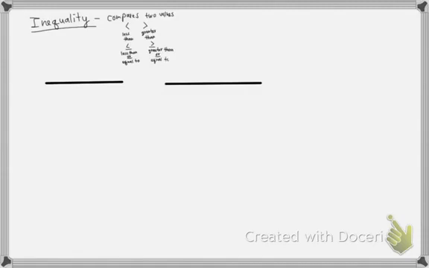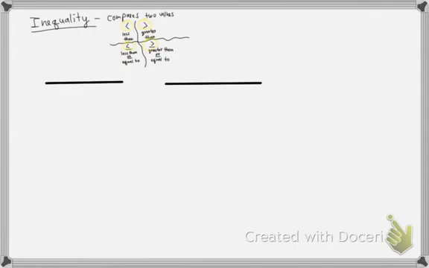All we're doing is comparing two things, two numbers or two values, and deciding whether or not they're less than each other, greater than each other, less than or equal to, or greater than or equal to. These would not be a bad thing to take note of in a notebook or on a separate sheet of paper, totally up to you, because this is where we're going to go. We're going to start off pretty simple today.